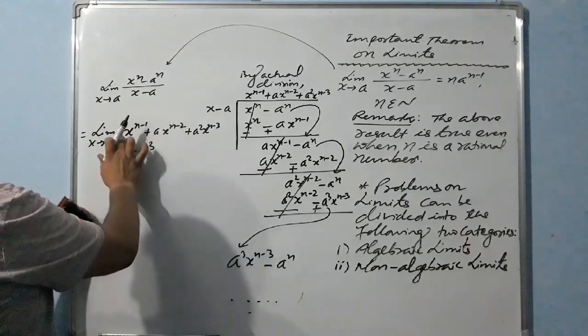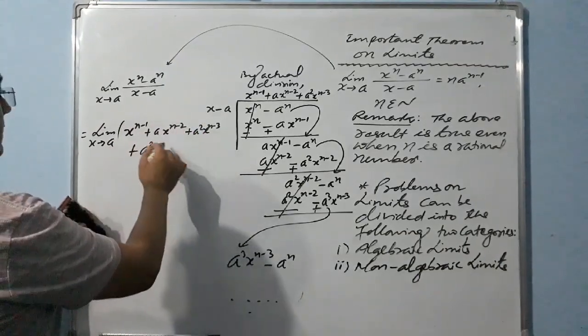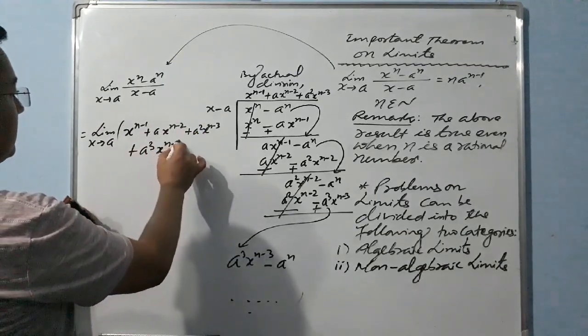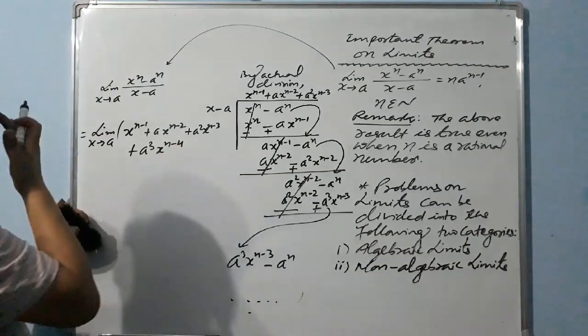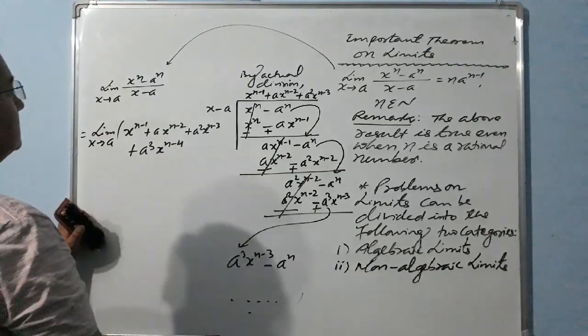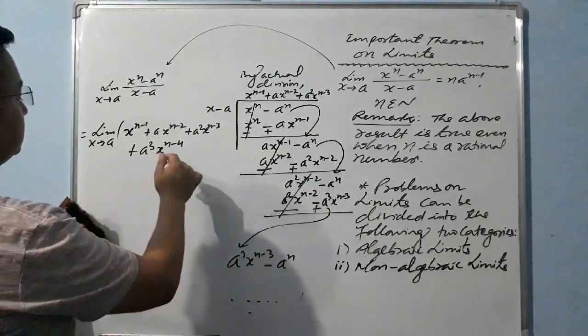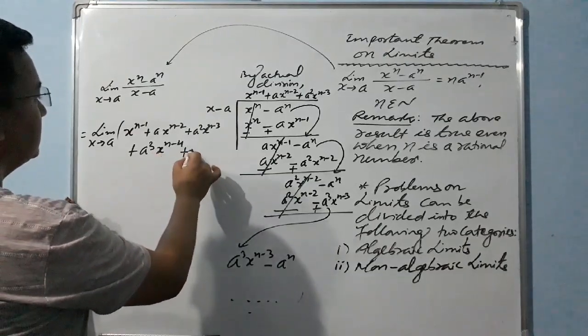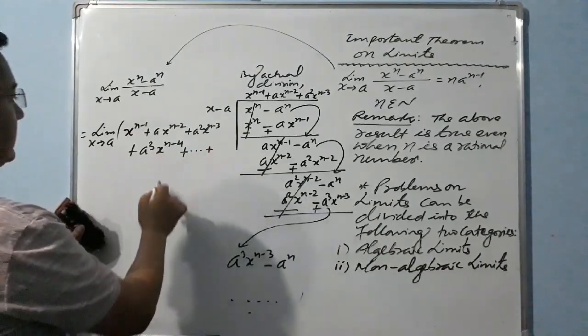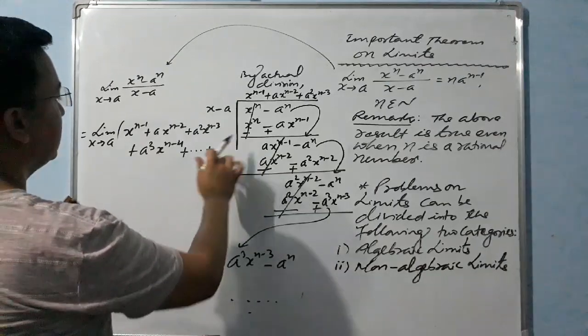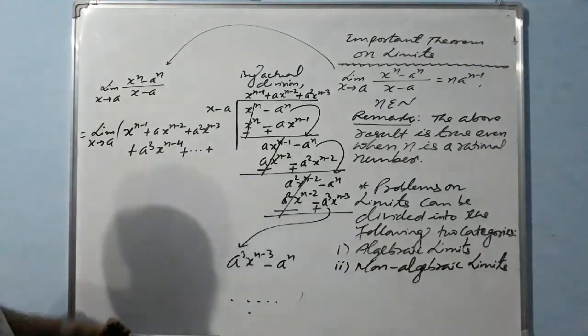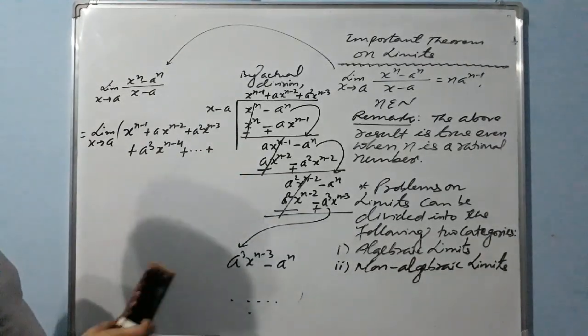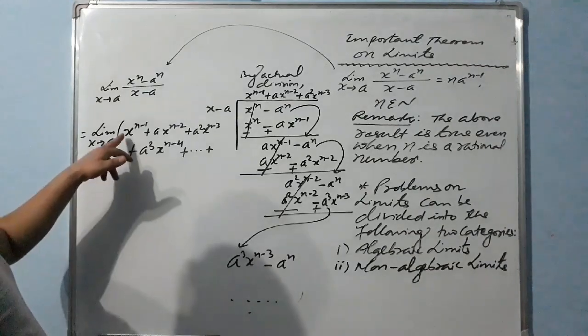Similarly, see here, the powers of a are 0, 1, 2, 3, with x raised to power n minus 4, and so on. And your final term will be, look at here, how to write down the nth term.